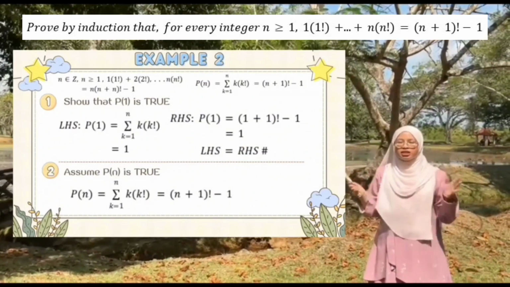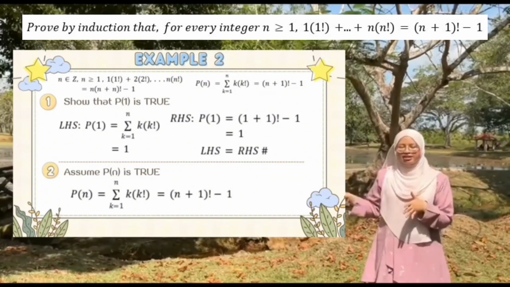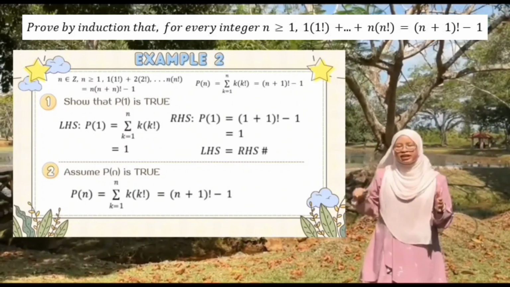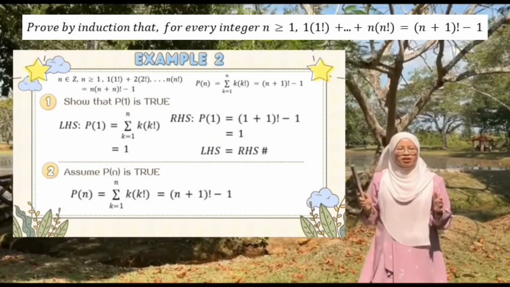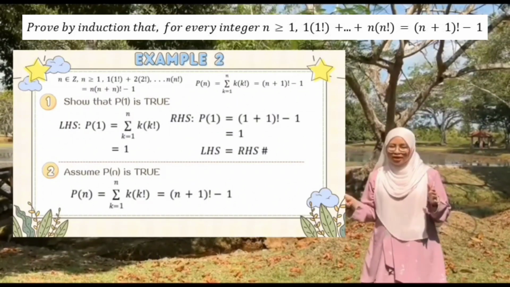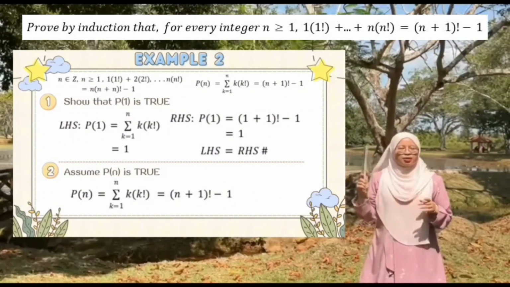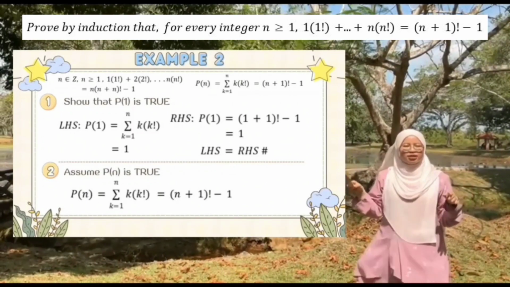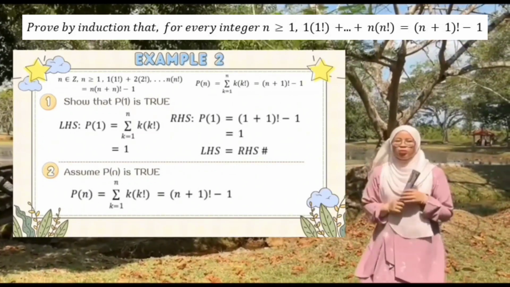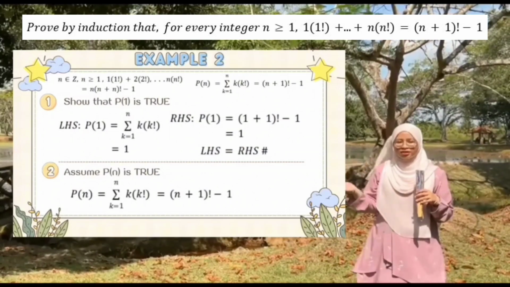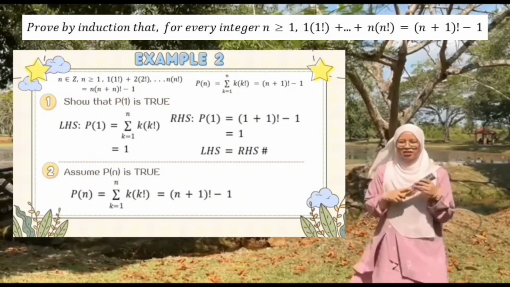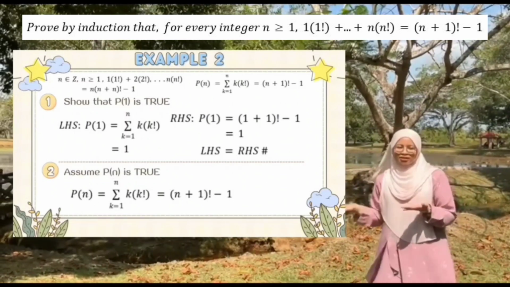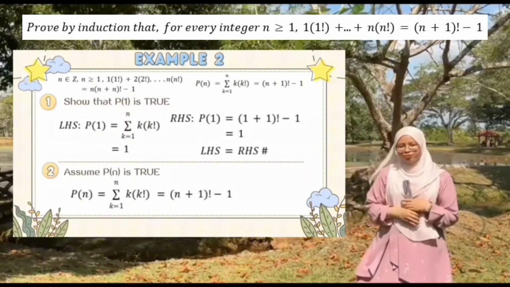For this question, we need to compare the left-hand side and right-hand side, where the left-hand side is P1 equals the sum of k times k factorial, where we get the answer 1. For the right-hand side, P1 is equal to 1 plus 1 in bracket factorial minus 1, where the answer is also 1. When we look at the left-hand side and right-hand side, the answer is the same, where 1 equals 1. Then P1 is proven to be true.